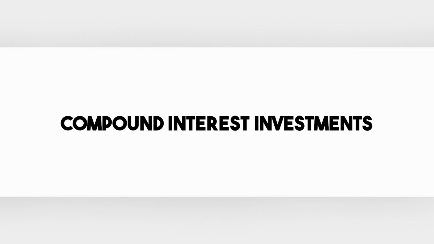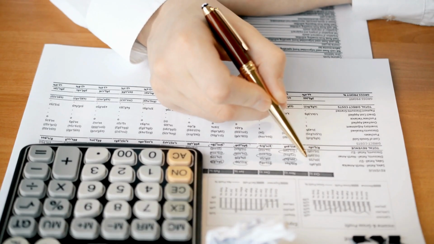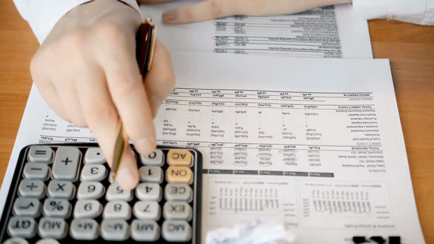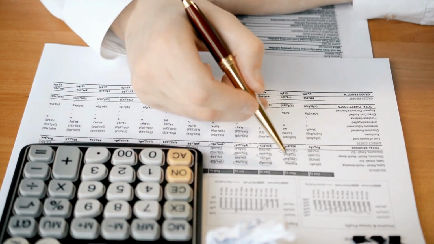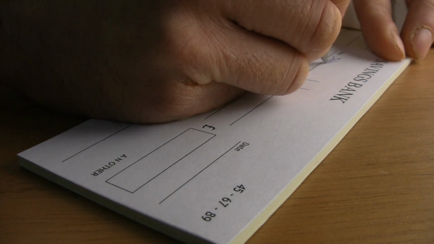Compound interest investments. An investor who opts for a dividend reinvestment plan, DRIP, inside a money market fund is basically using the power of compounding in anything they contribute. With the purchase of a zero-coupon bond, investors can also reap the benefits of compounding interest.